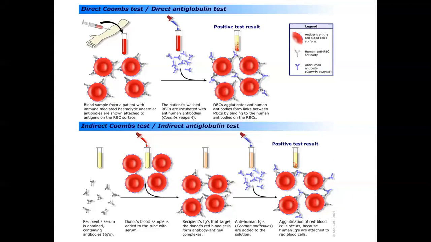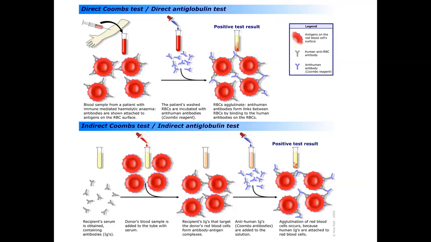So in our last meeting, we ended on this slide of the PowerPoint for chapter 3, and we had finished reviewing differences between the direct antiglobulin test, also known as the DAT, compared to the indirect antiglobulin test known as the IAT.